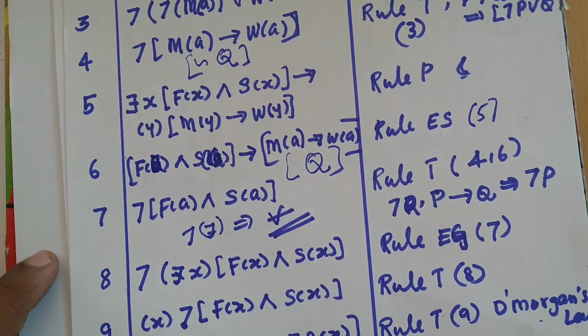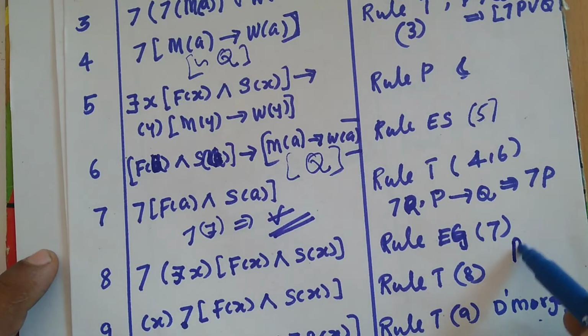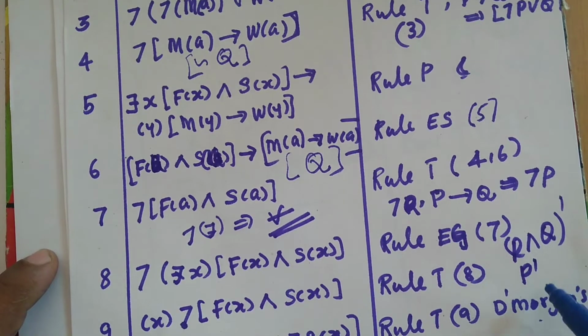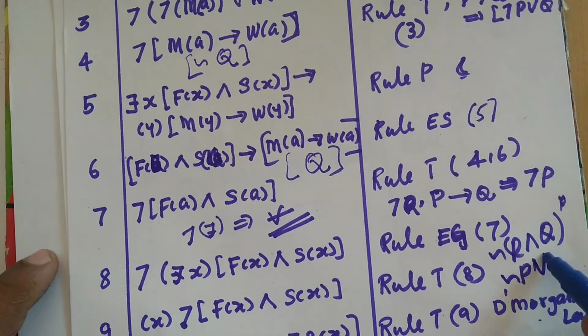Now negation of f of x and s of x by De Morgan's law. What is De Morgan's law? Negation of P and Q implies negation P union or negation Q. This is the formula.